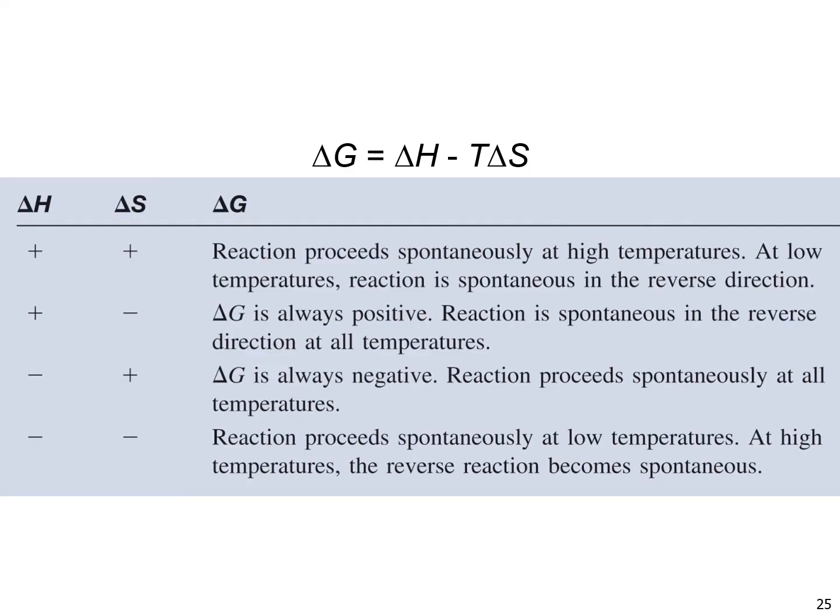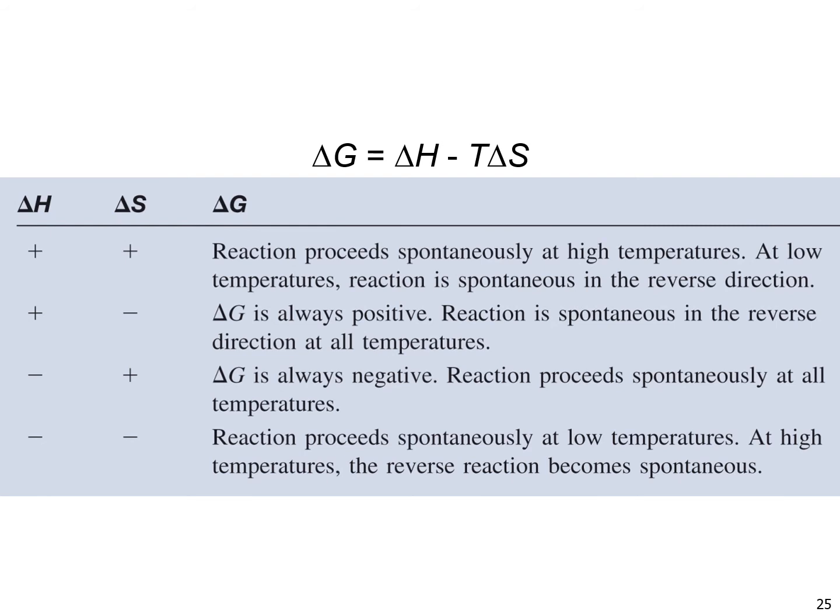Next, how will this help us predict if a reaction is spontaneous or not? You can use this equation to predict the sign of delta G. If you know the sign of delta H and the sign of delta S, you can predict the sign of delta G, and predict if a reaction is going to be spontaneous or not.